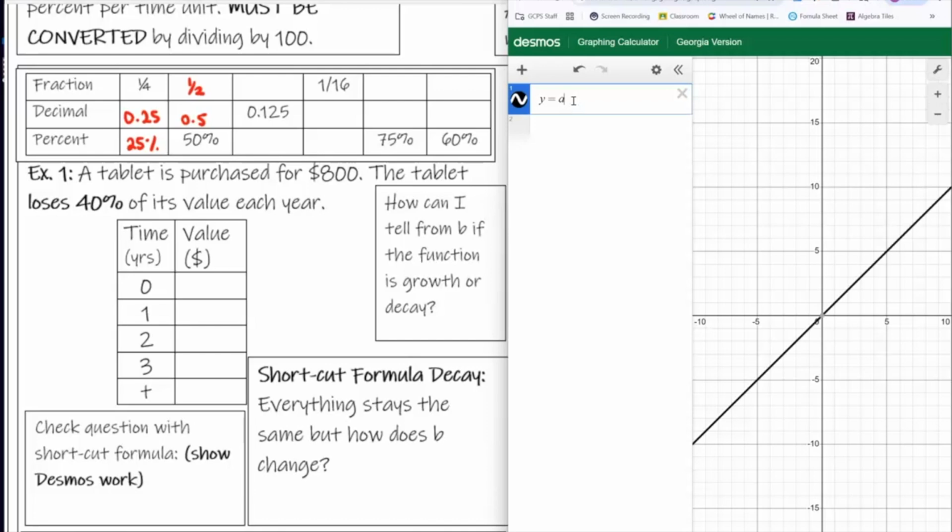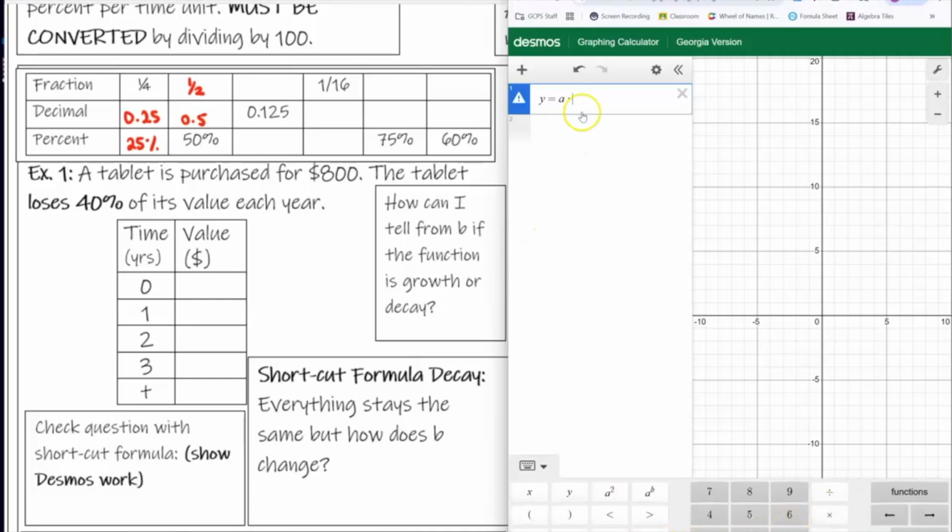Then b to the power of x, which is time. So b is my growth or decay factor, and x is time. A tablet is purchased for 800. That is my beginning, my initial. So 800 goes with a.